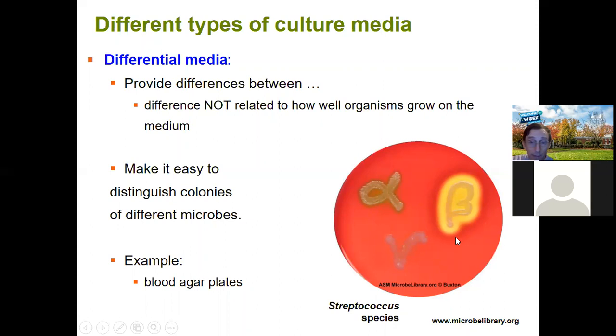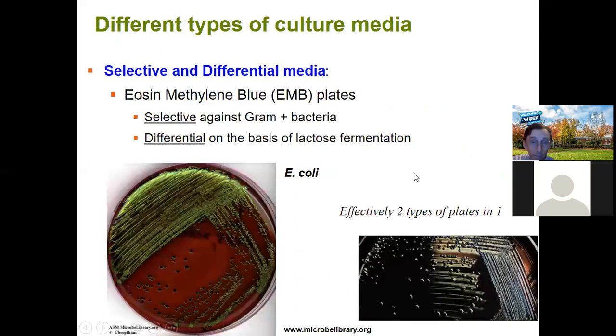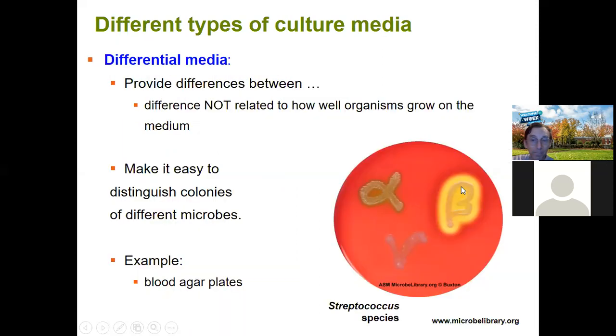And then when we come up here, it's no longer red. And then right there, you see how it's clear? You can call that white, but in reality, that area is clear. That's from the complete hemolysis of the red blood cells. This we call beta hemolysis or complete hemolysis.